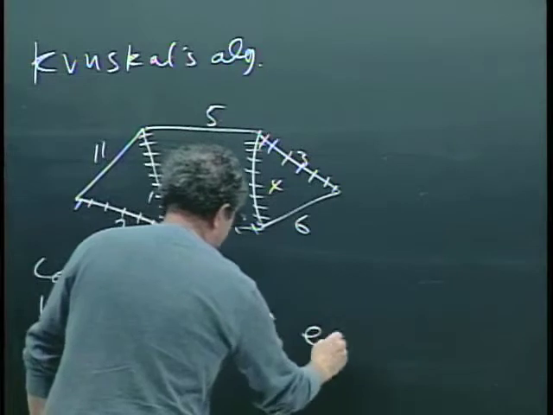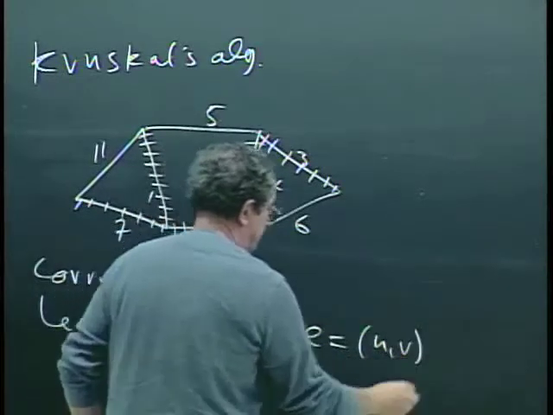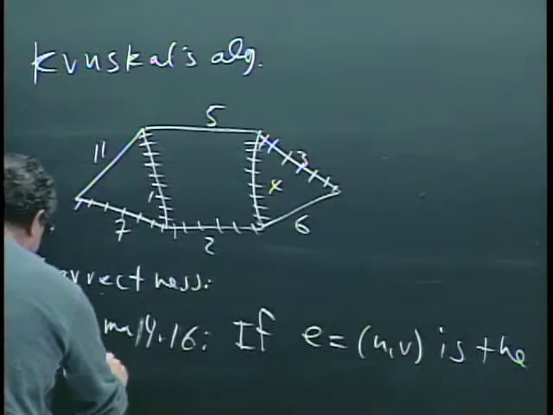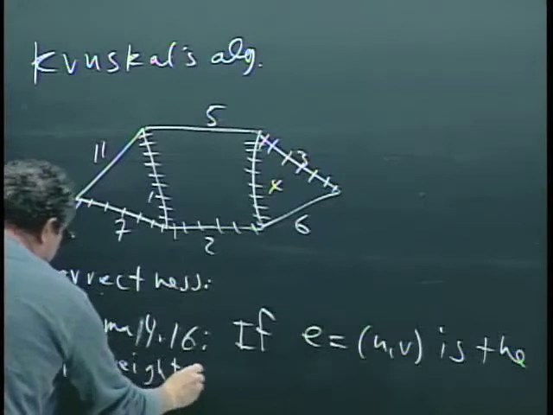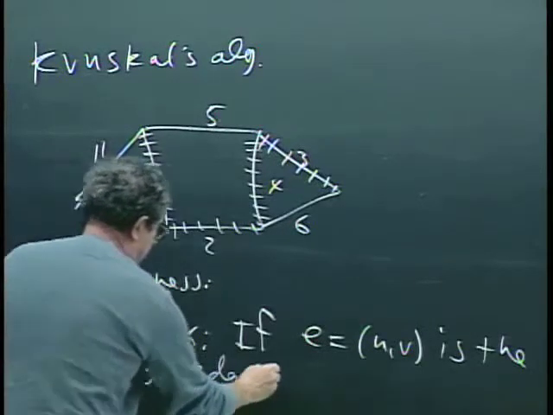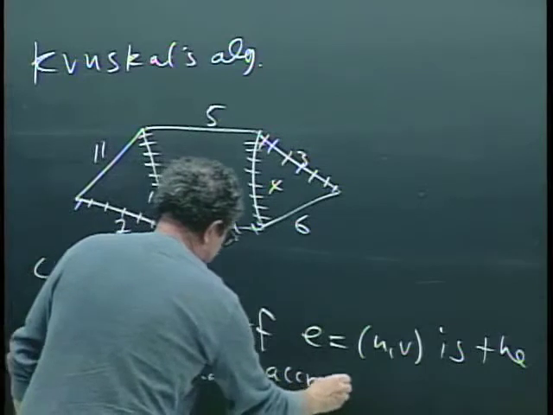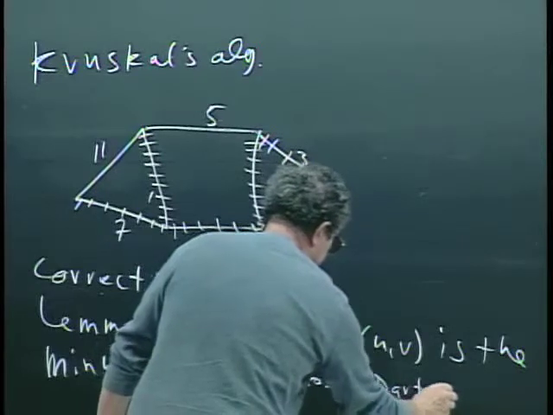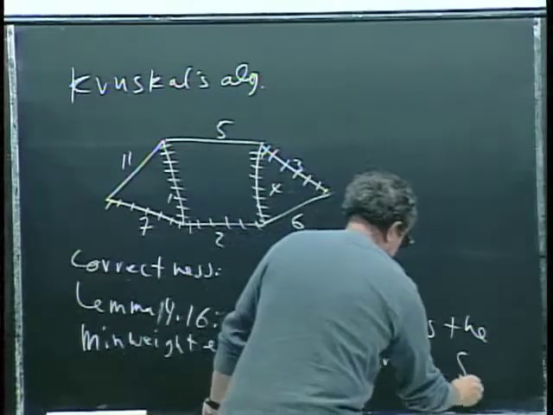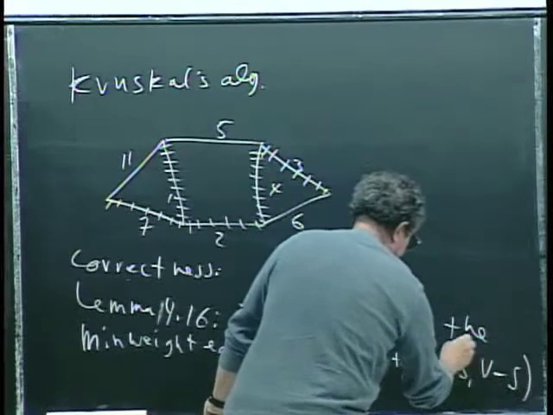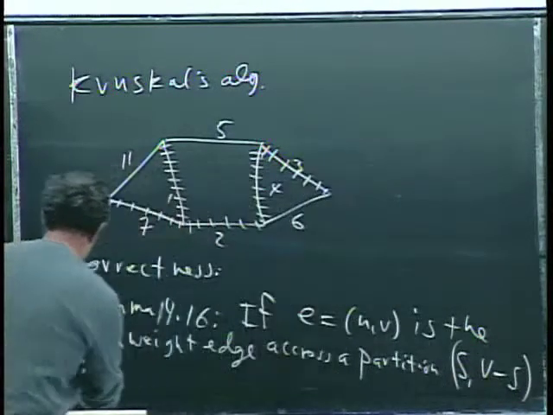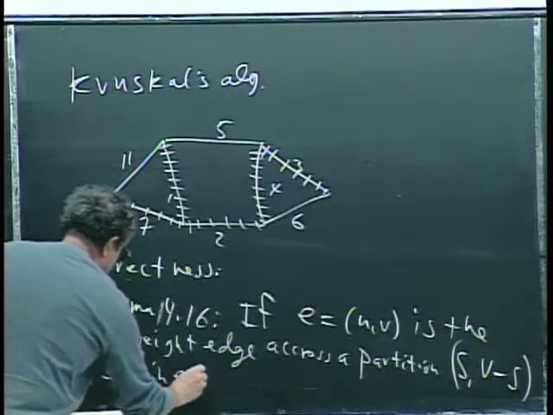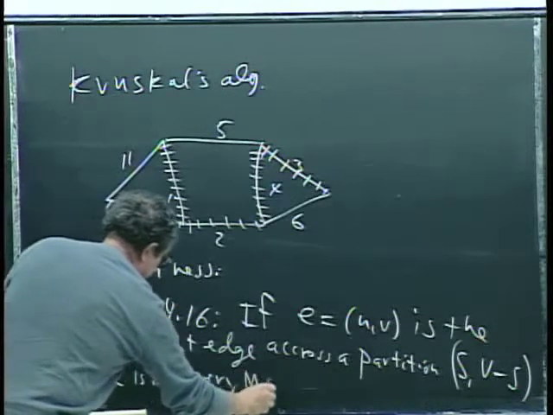If an edge UV is the minimum weight edge across a partition of the nodes, S, V minus S, so it's a partition of the nodes, then E is in every minimum spanning tree of the graph.